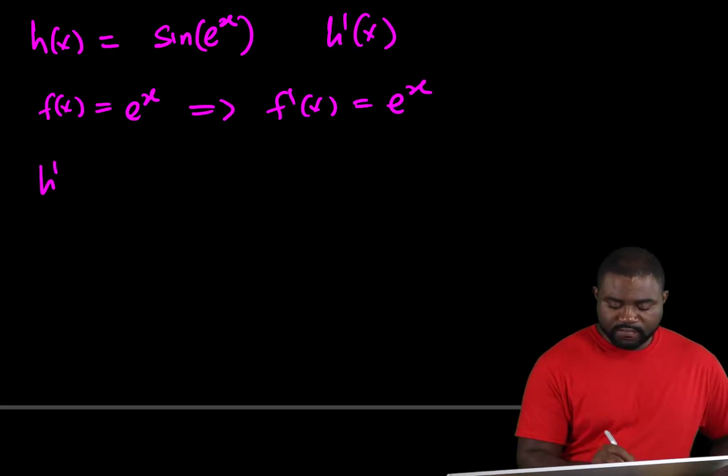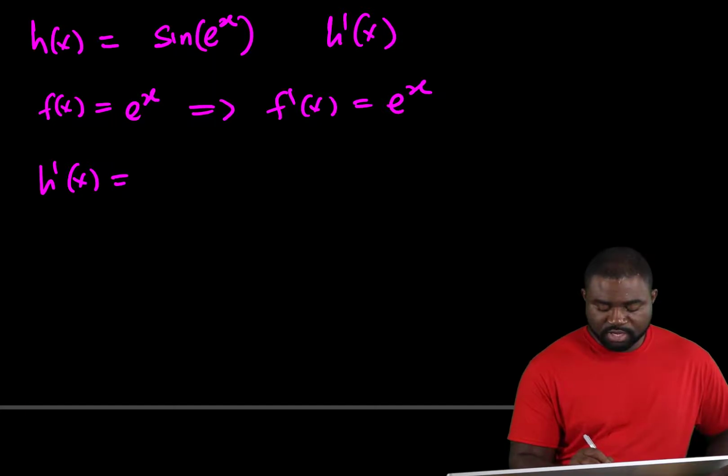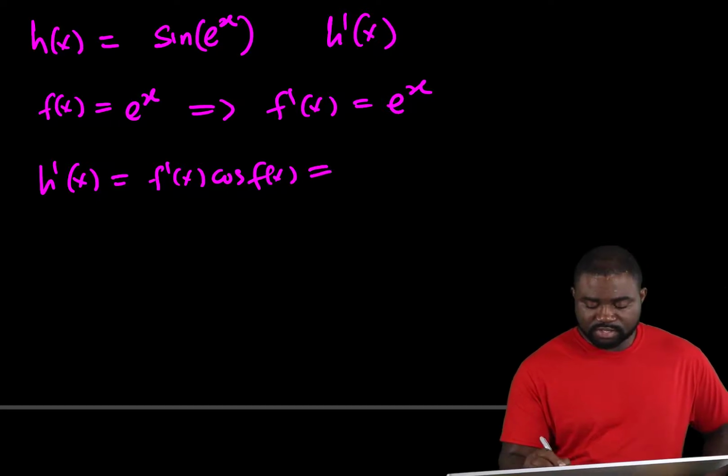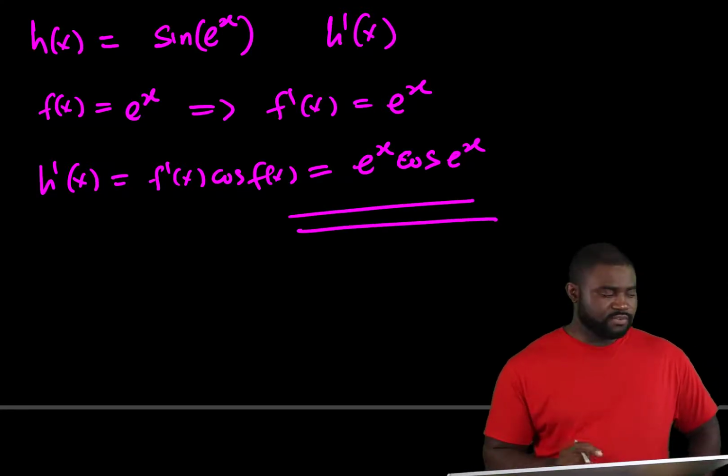Now, by definition, h prime of x is just going to give us f prime of x cosine f of x. So this is equal to e to the x cosine e to the x, and that will be our answer.